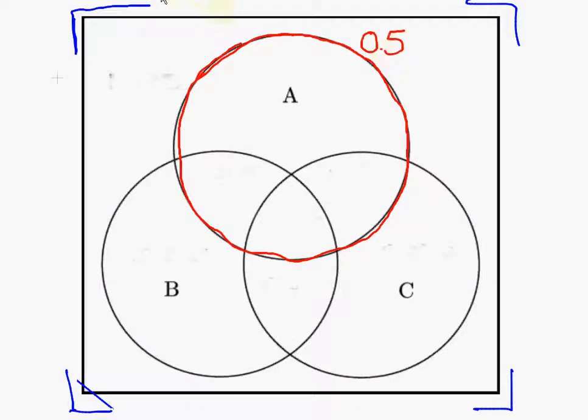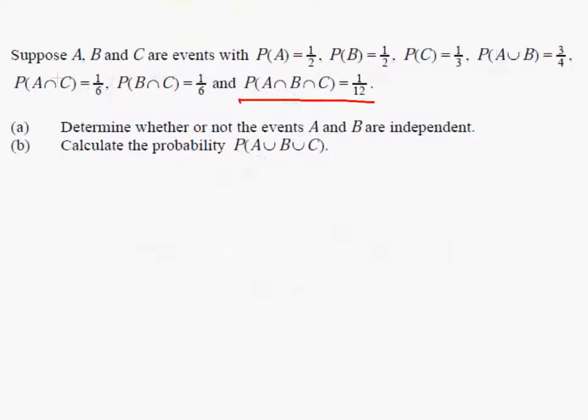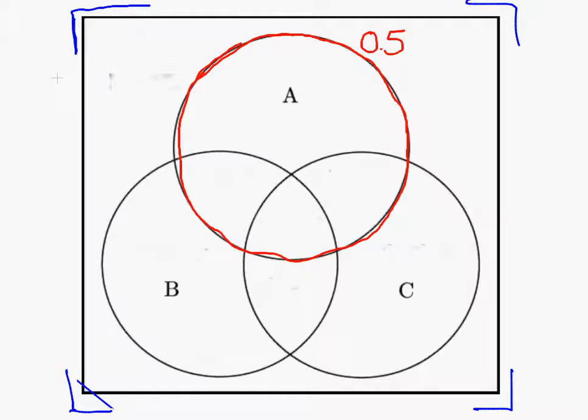Just to be clear, this is the piece of information I just used there. And we're also told that the probability of B is also 1/2. So let's go with green here and say that the probability of being inside this circle here is also 0.5.